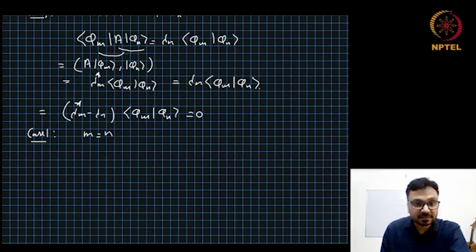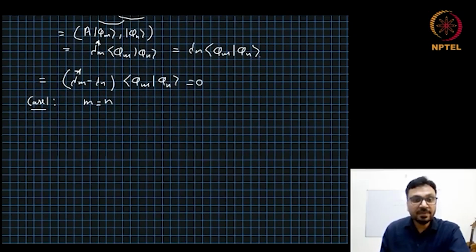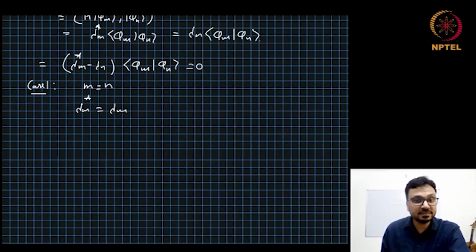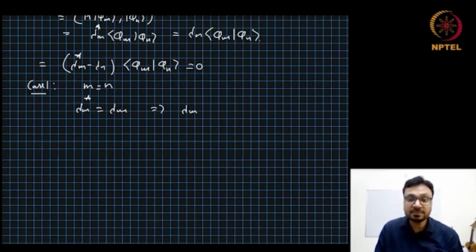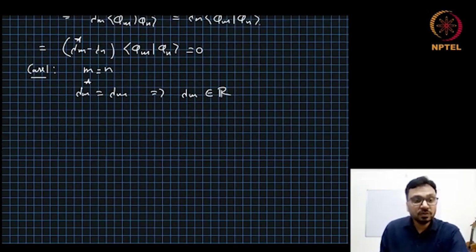So it's lambda star. Yes. So when m equals n, then lambda m star equals lambda m. This implies that all the lambda m's are real. Okay, so it means all the eigenvalues are real. The first thing is proven.